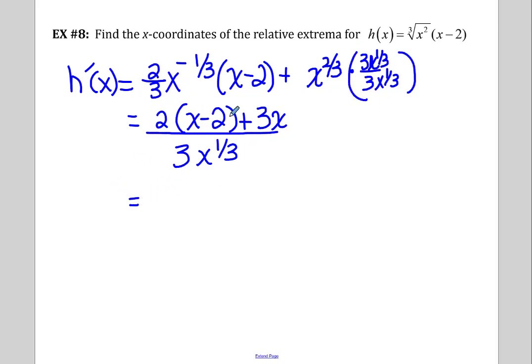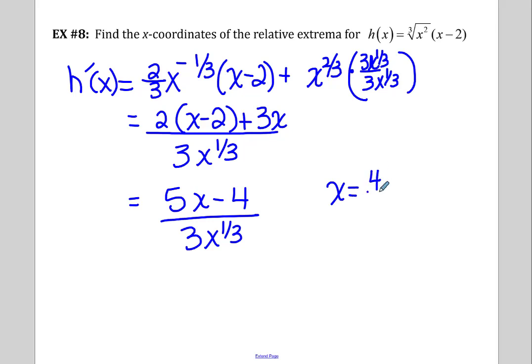Now, this is 2x minus 4 and 3x, so 2x and 3x gives us 5x minus 4 over 3x to the 1/3 power. And my critical numbers are 4/5 and 0. Here the derivative is 0. Here the derivative doesn't exist.